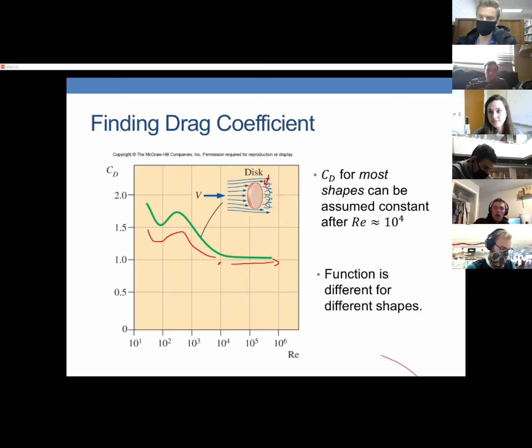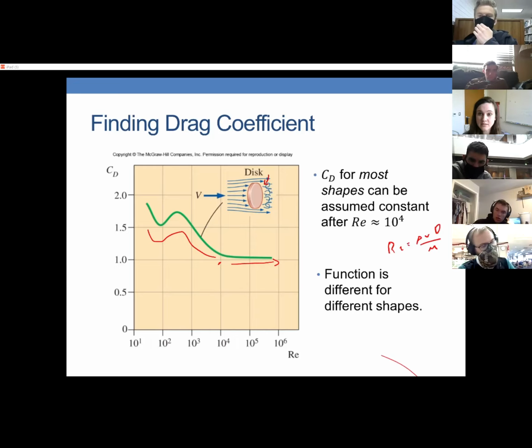Dr. Nickerson, do you know off the top of your head what velocity that corresponds to in air at 10 to the 4? It does not. Remember, it doesn't correspond to any velocity, because Reynolds number is rho v d over mu. The density of air will change a little bit depending on the temperature, the viscosity a little bit too, but not as much.